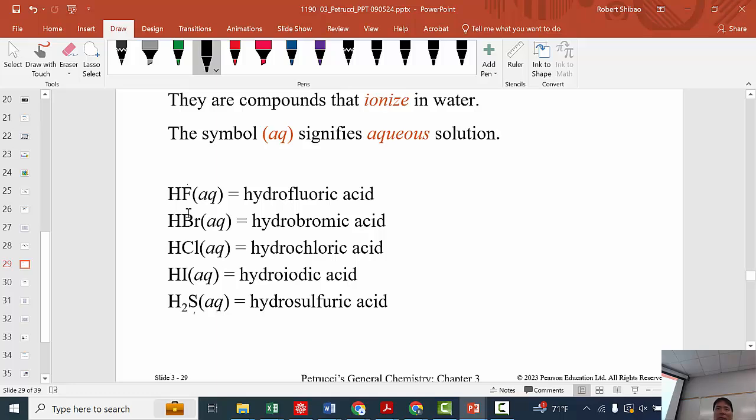S2 minus is called what? Sulfide. And so this is called hydrosulfuric acid. Most people call this aqueous hydrogen sulfide, or hydrosulfuric acid.